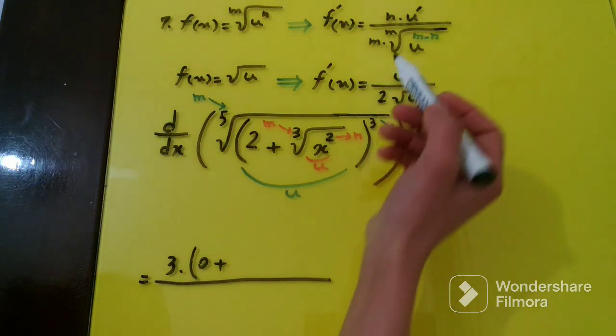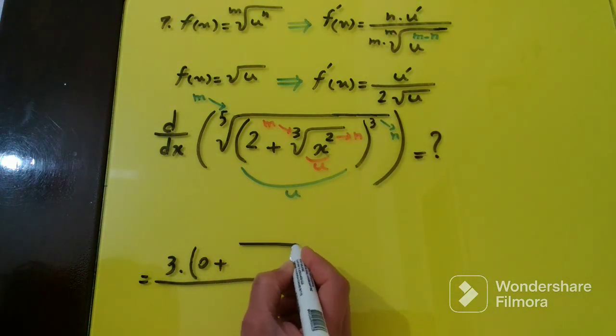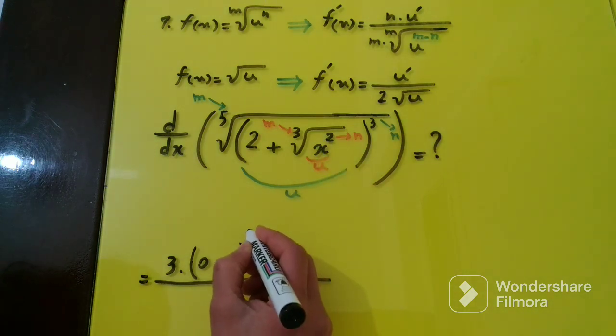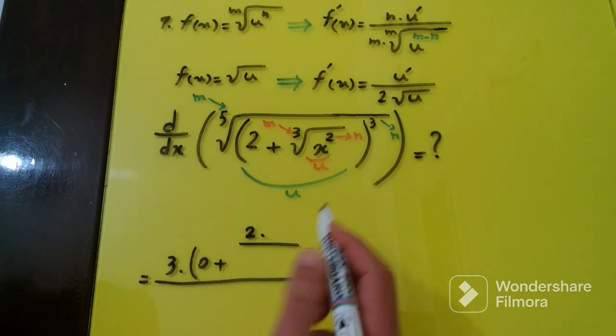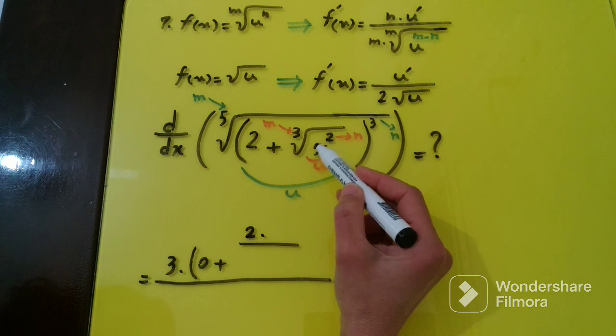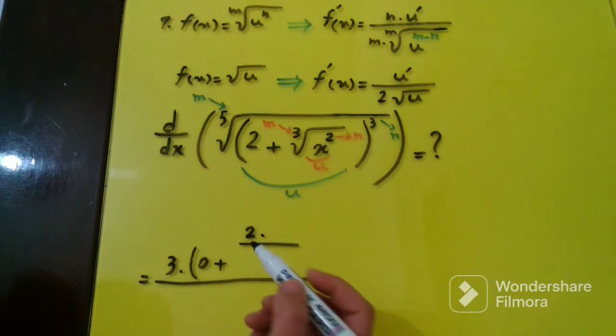So you should write n, 2, times u prime. As u is x, the derivative of x is 1.